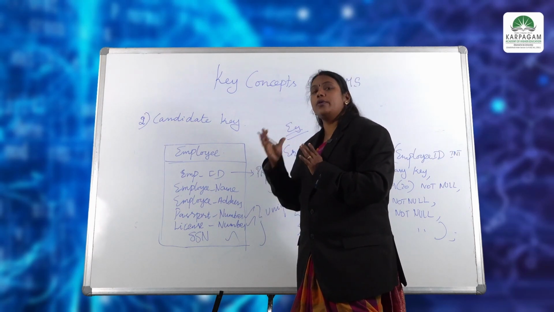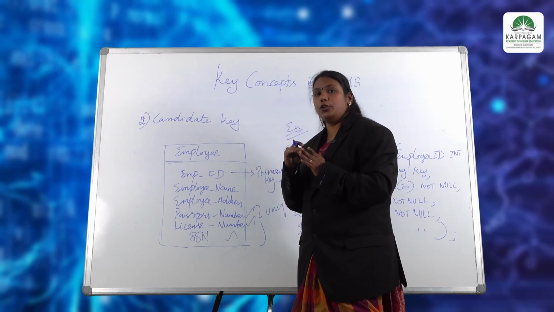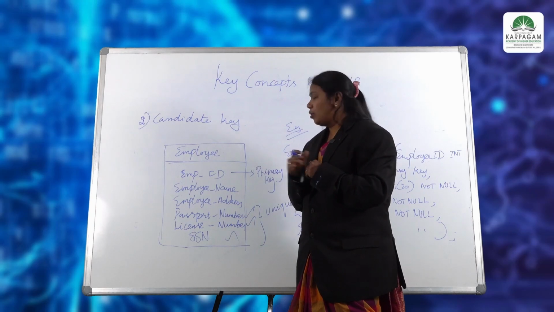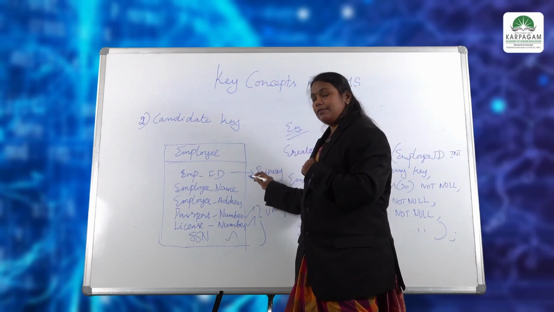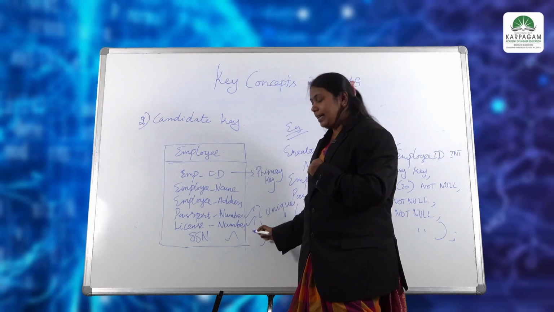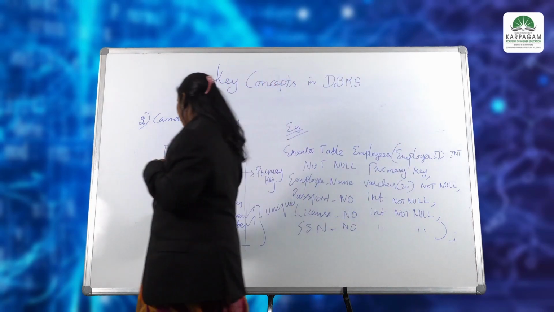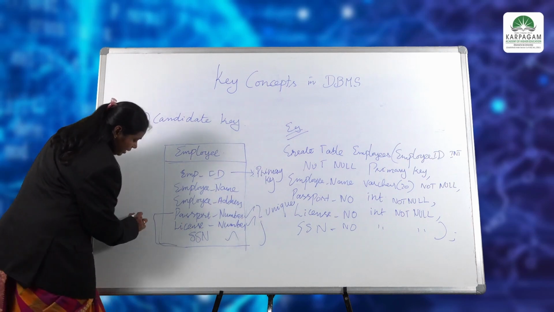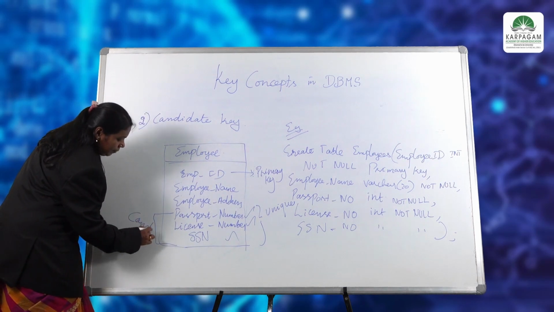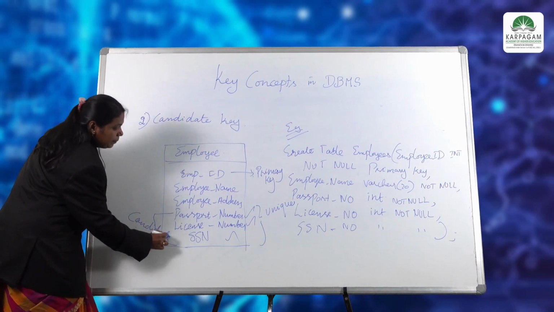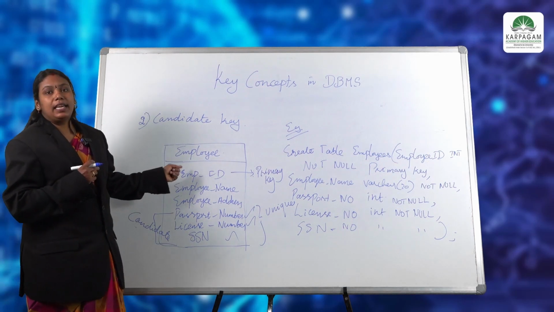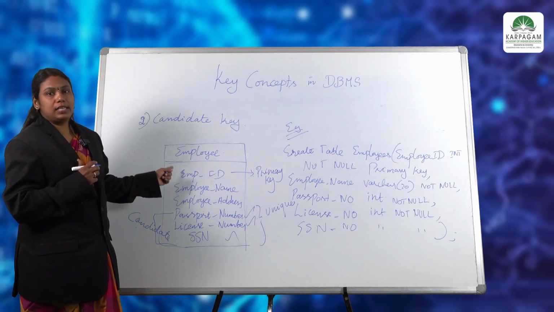The passport number, license number, and SSN number are called candidate keys, which support the primary key.